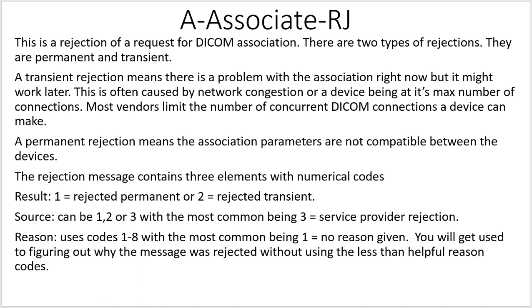I mean, the archive would never say that because that's its whole purpose, to store images, but whatever service has been requested, the provider doesn't provide it. That will be a number 3 in the source. And reason uses codes 1 through 8, with the most common being 1, no reason given. And you'll get used to figuring out why the message was rejected without using these less than helpful reason codes.